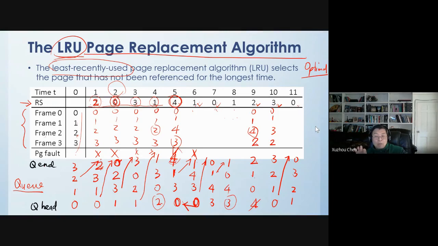So you don't want to replace that page, because if you replace it, once you reference the page again, you have to put the page back, so you're going to have to go through a page fault.